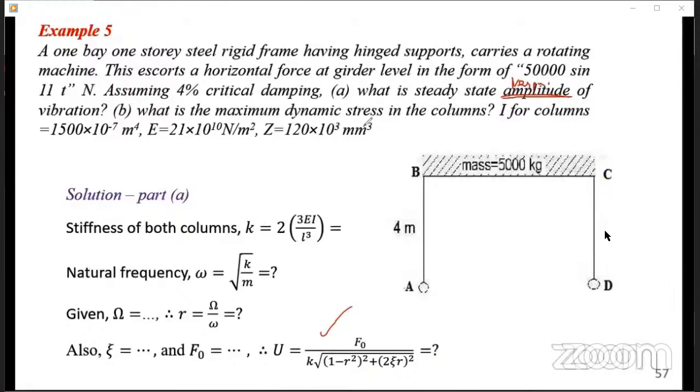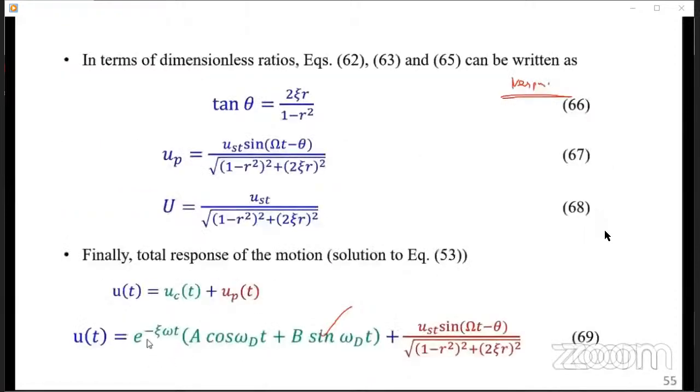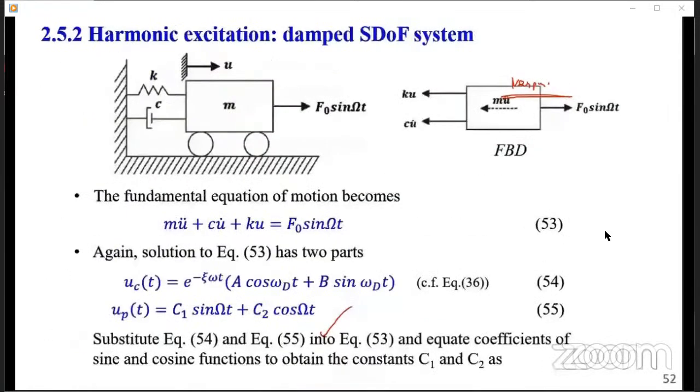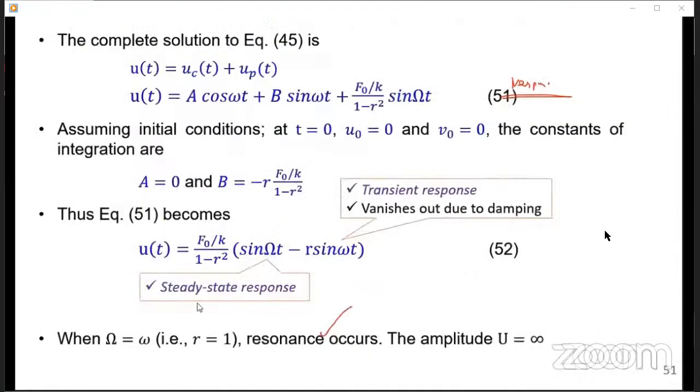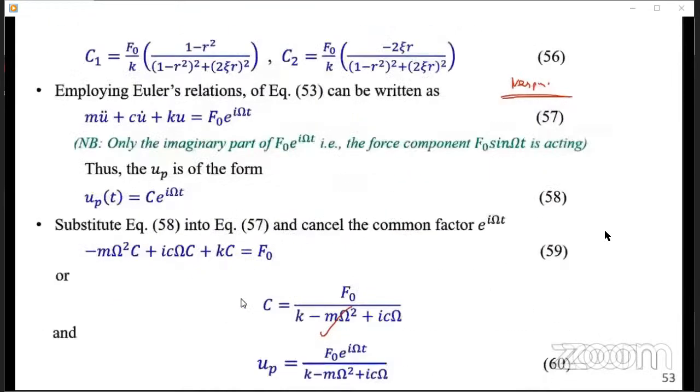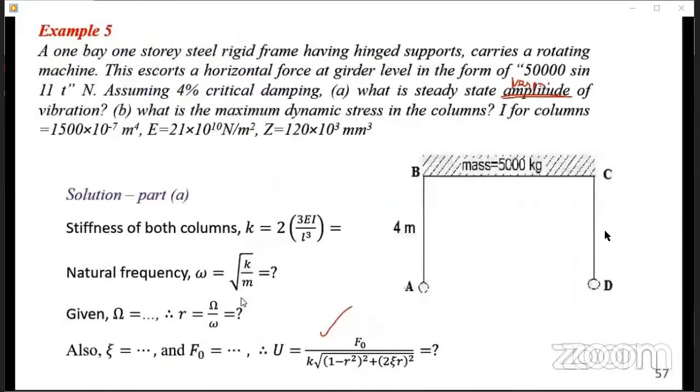For us to obtain that, it's just a matter of bringing in the sine part, this sine omega t minus theta. You're asking whether it's this part, the steady state response. But I believe you are going to see with an example later on.